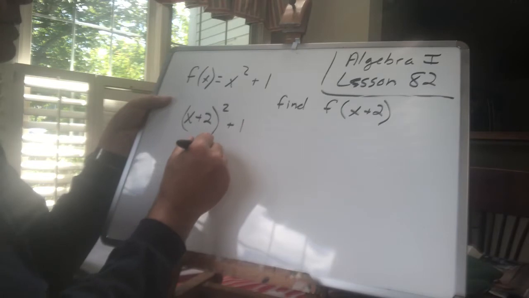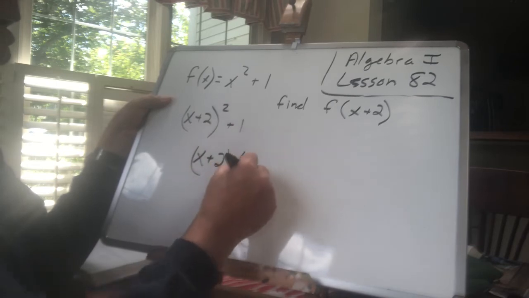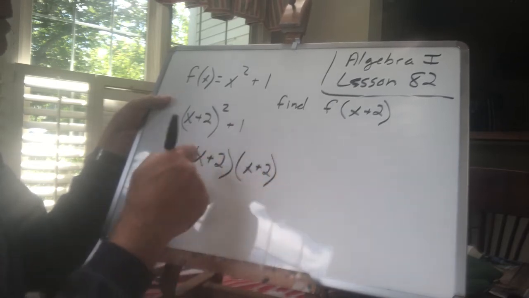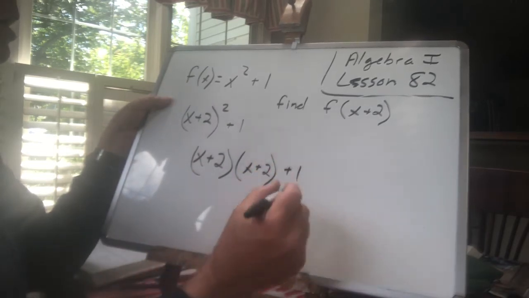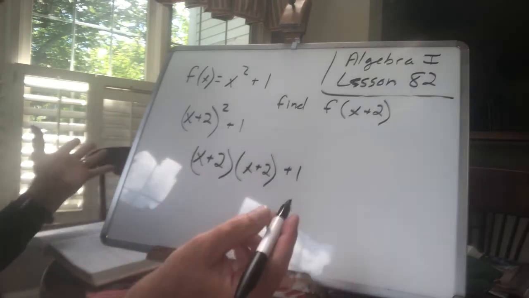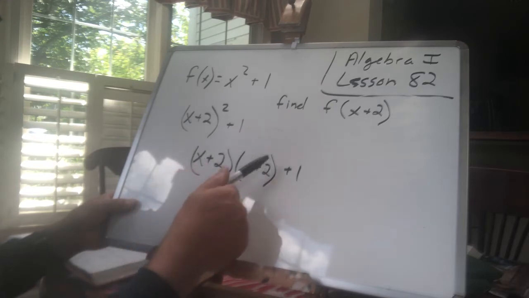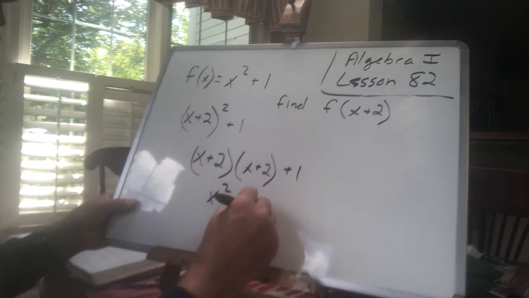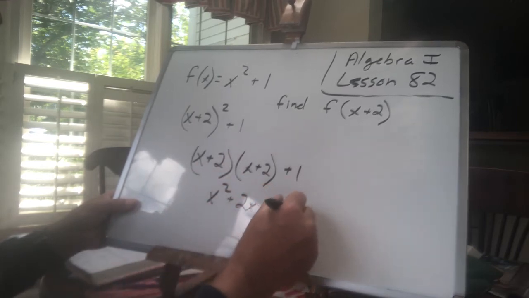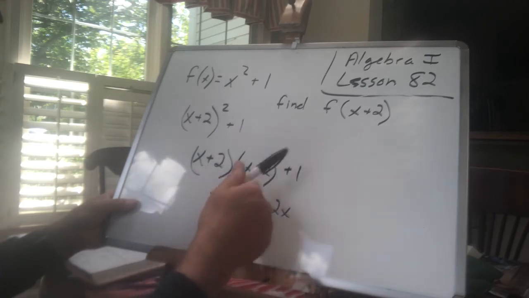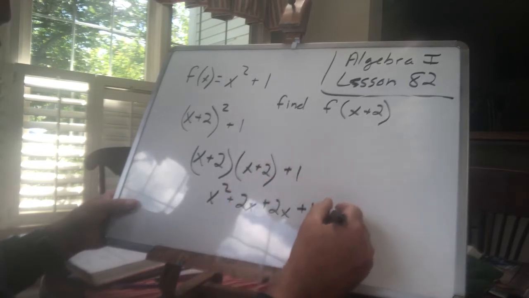This is like saying x plus 2 times x plus 2. That's what that is saying when you square that. And then of course at the end, you've got plus 1. So x times x, we do the distributive property, x times x is x squared, x times 2 is plus 2x, 2 times x would be plus 2x, and 2 times 2 would be plus 4, and then of course you've got plus 1 at the end.